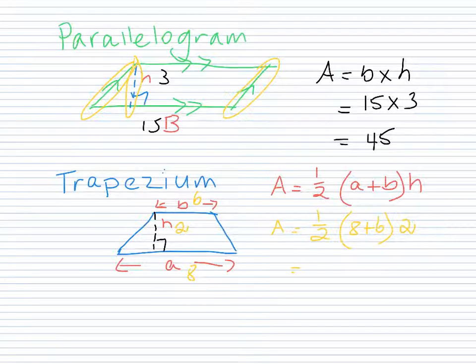Okay, we can carry this down: half, 8 plus 6 is 14, times 14 by 2. Again, we can bring it down a bit further. 14 times 2 is 28. And then if we were to halve 28, we would get 14.